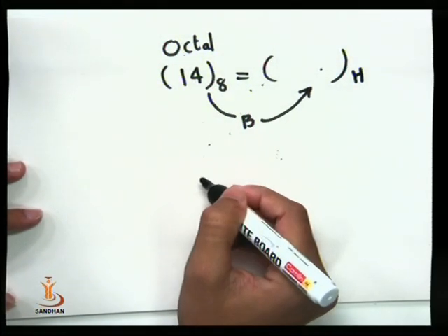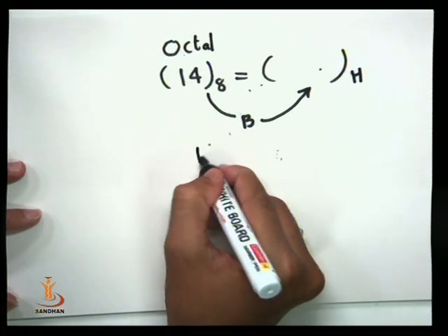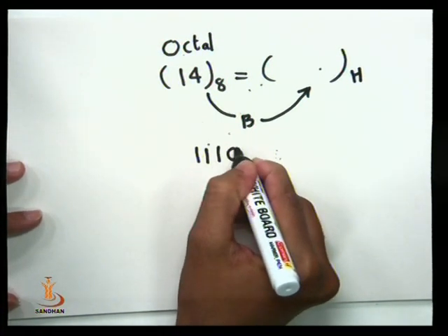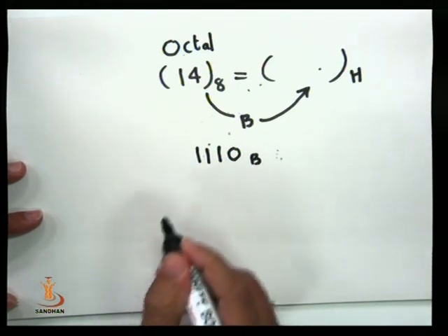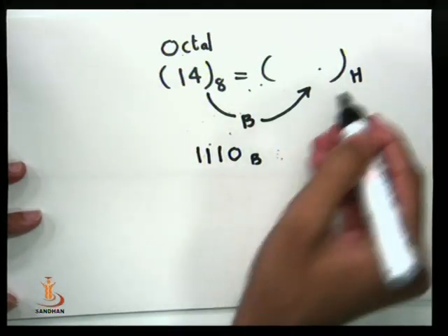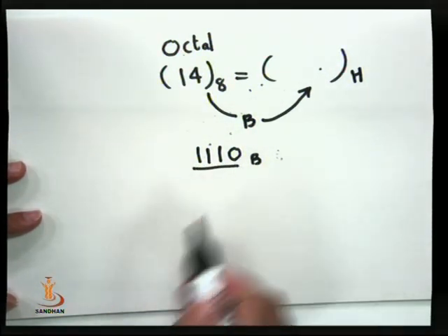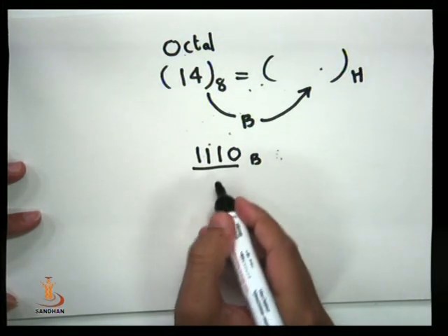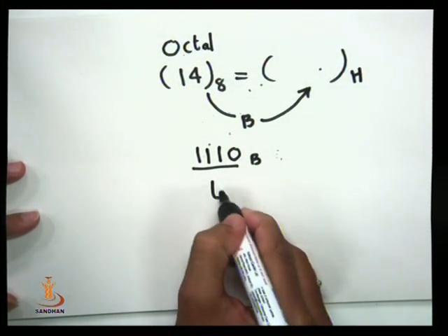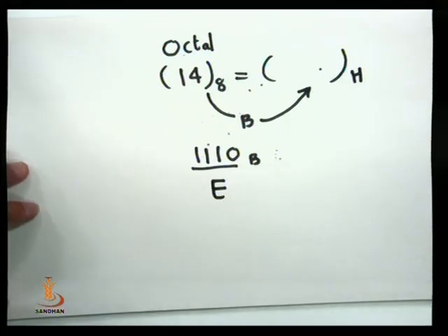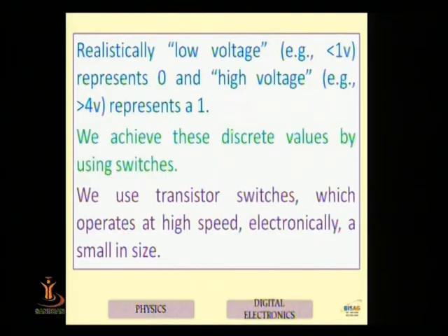So 14 will give you 1110 in binary, and if you want to move from binary to hexadecimal, you make a pair of 4 digits. So 1110 in hex is E. So E is the hexadecimal of 14.